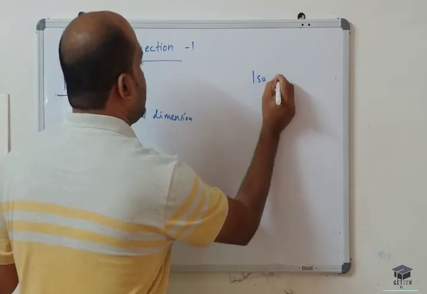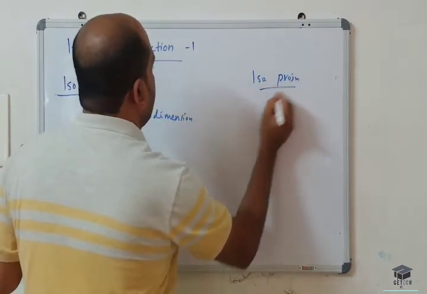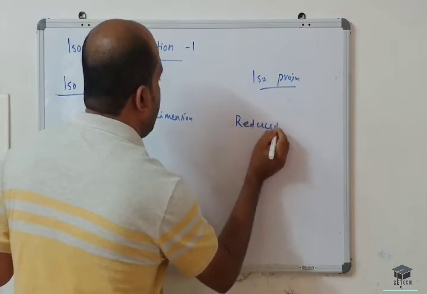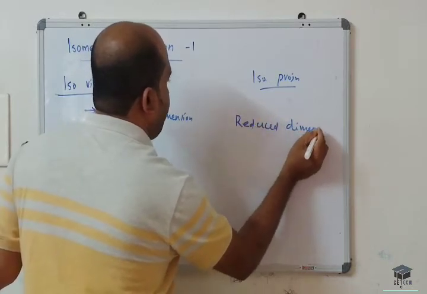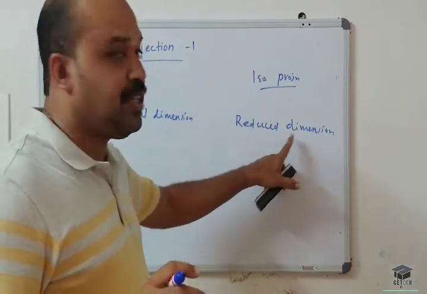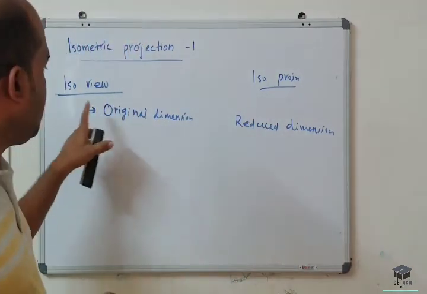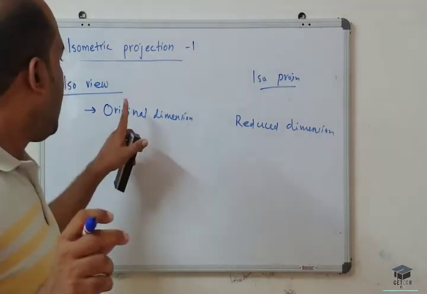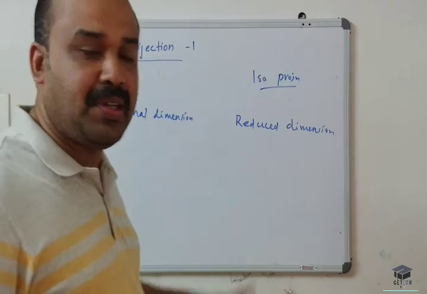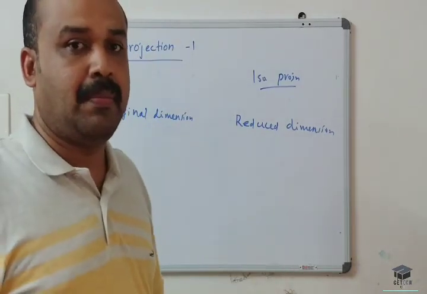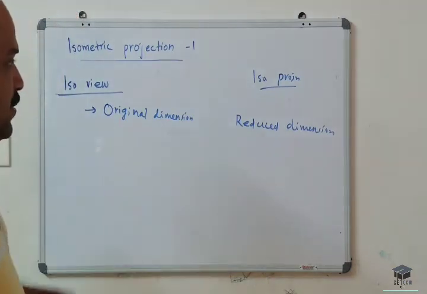In isometric projection, we draw with reduced dimension. In isometric view, we do not change the isometric values, so there is no 0.816 in isometric view. That's the difference between these two.